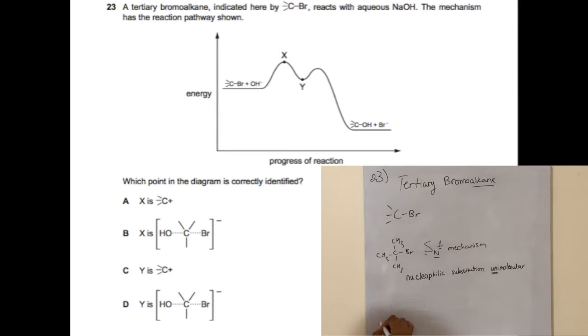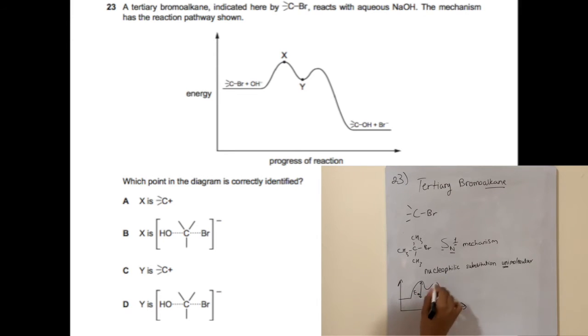Alright, so that's why you end up with this graph with 2 bumps, right? So this area right here is your activation energy, the energy needed to start the first step. So this is the second activation energy in order to start the second step.